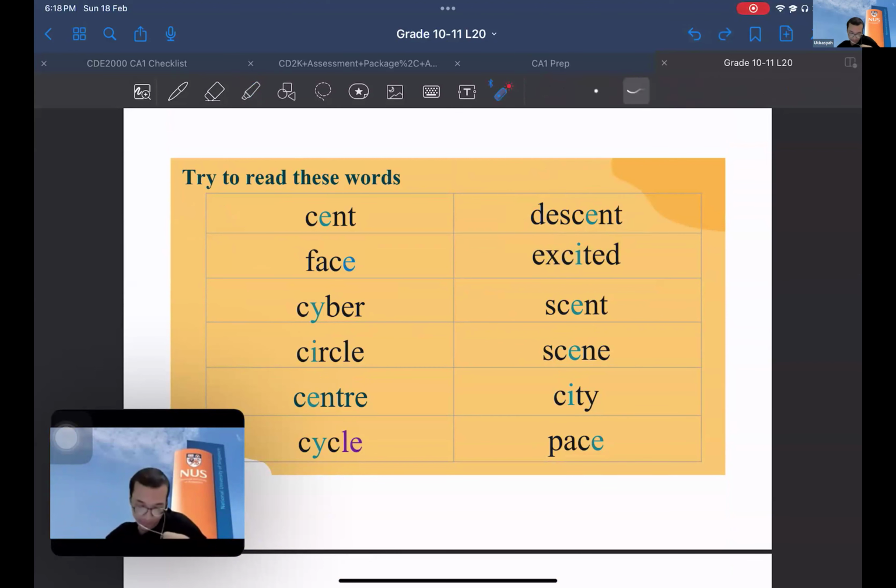Anyone want to try? That's fine. Okay, the official meaning of descent. Let me just highlight it for you.